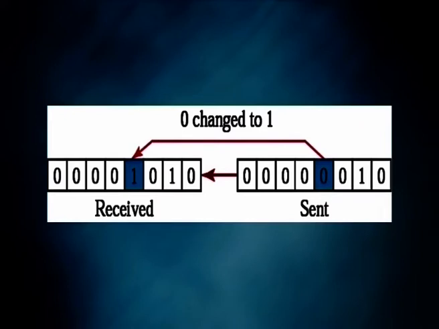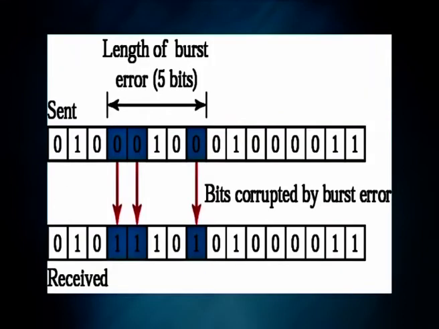The term single bit error means that only one bit of the data unit was changed from 1 to 0 or 0 to 1. In the figure shown, 0 bit is changed into 1. Burst error means that 2 or more bits in the data unit are changed.